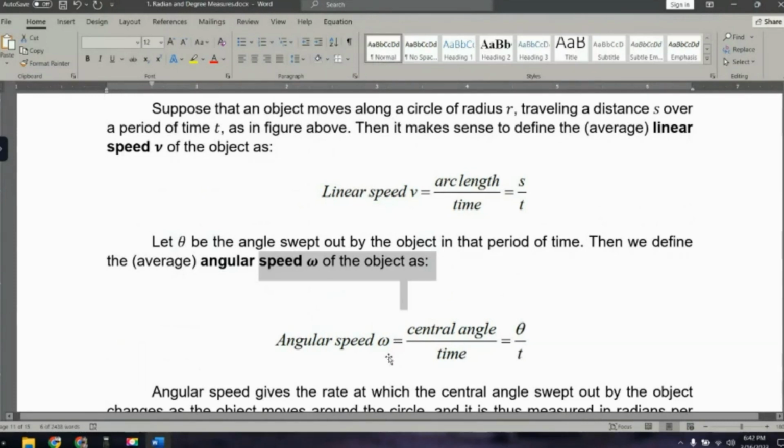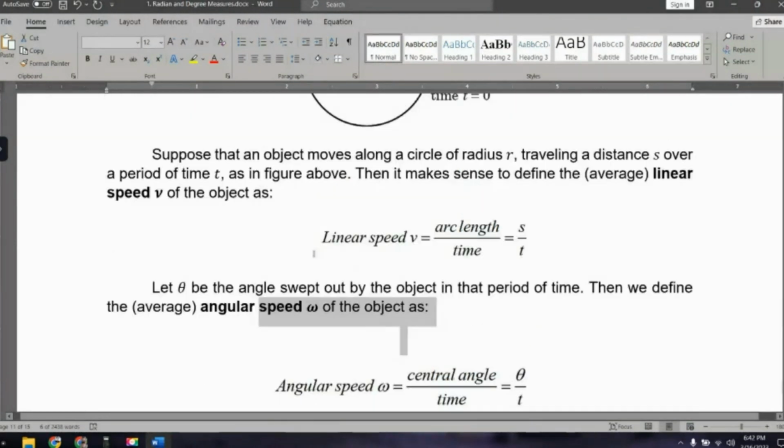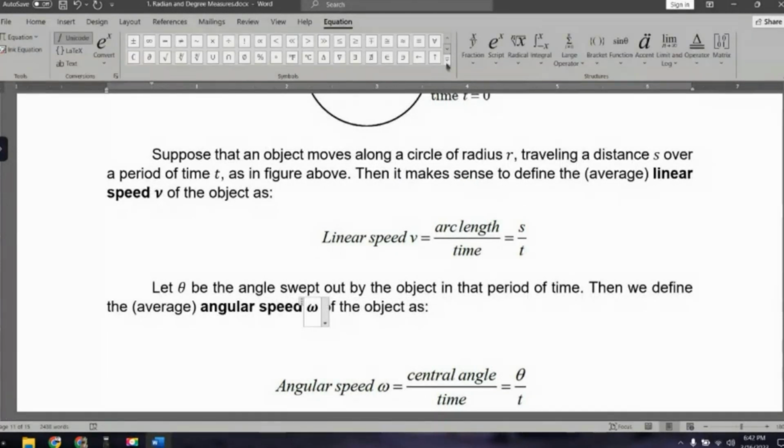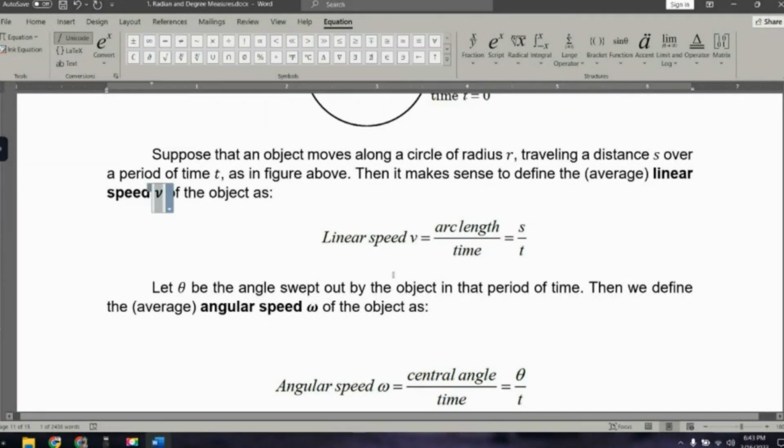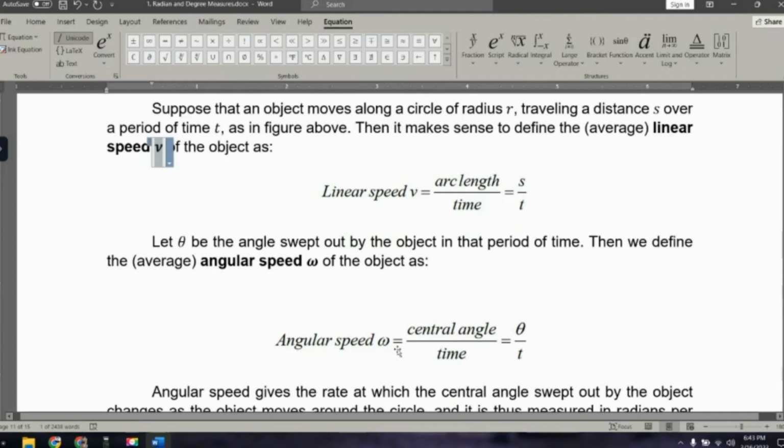Angular speed, and we use the symbol, that is Greek letter omega. Angular speed is equivalent to central angle theta over time.